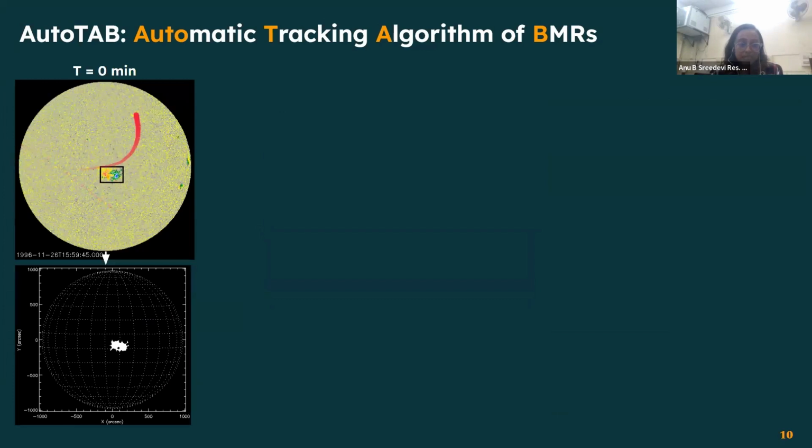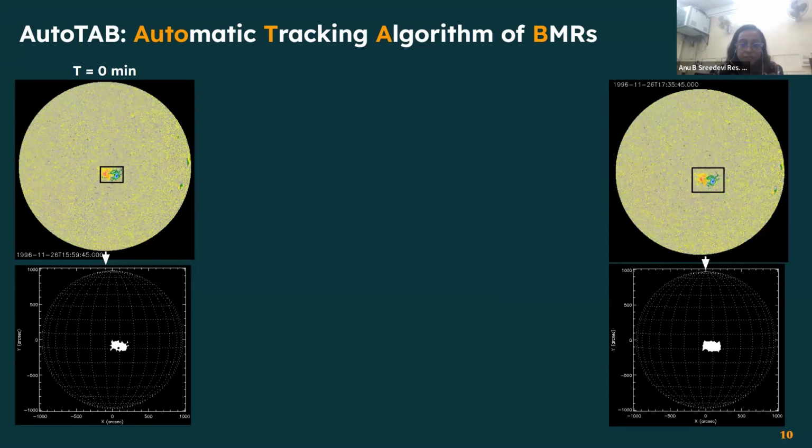Now, suppose this is at t equal to 0. This is our magnetogram, and this is the binary map, and this is the BMR that we are intending to track. Since initially this code was developed for MDI, which has magnetogram data of 96-minute cadence, the next observation will be 96 minutes later. So at 96 minutes later, I have the binary map.